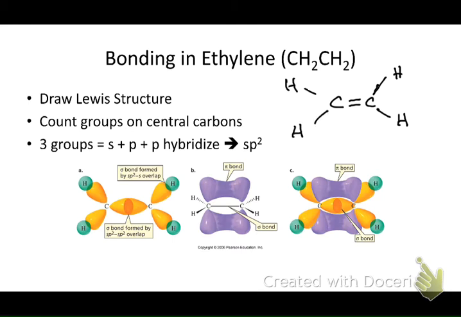So this carbon, the hybridization is 3 groups, sp2. See how easy that is? You don't have to think. It's 3 groups. You only need it for a day or two, but it's kind of fun to draw on your hands again, because you used to do it in elementary school, then you grew up and that became uncool.